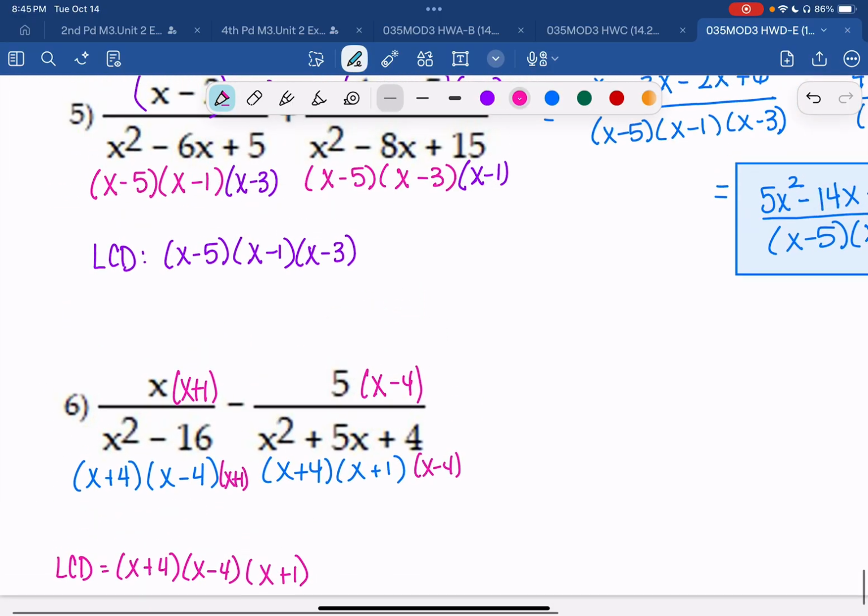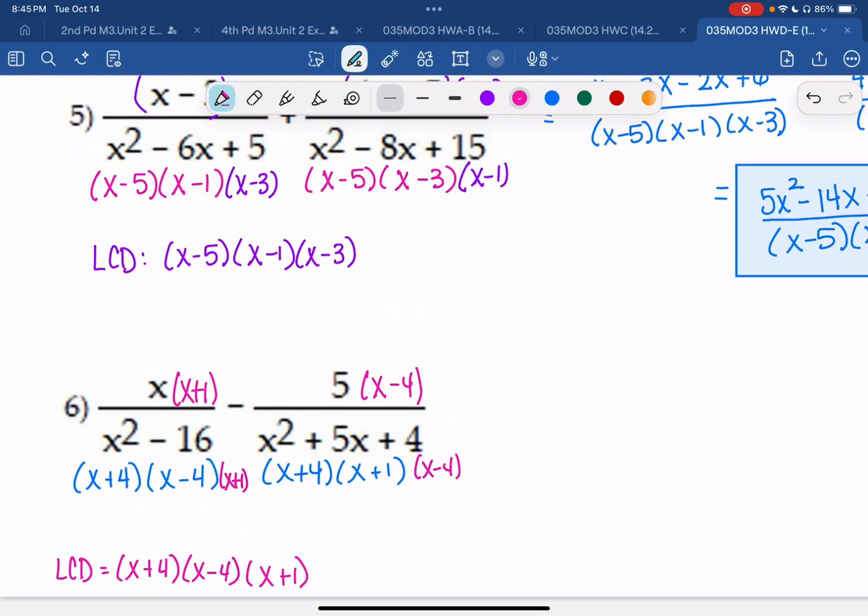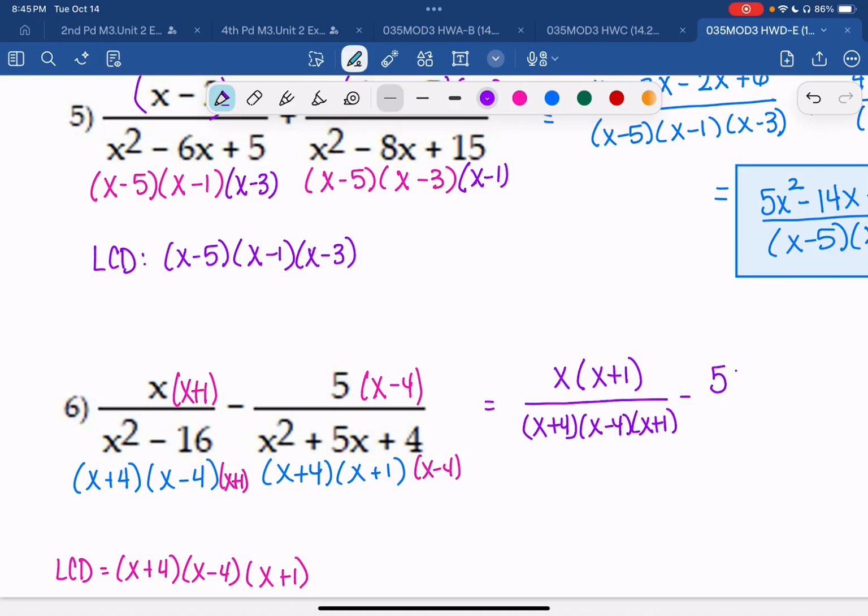So let's work it out. So I've got x times x plus 1 minus 5 times x minus 4.